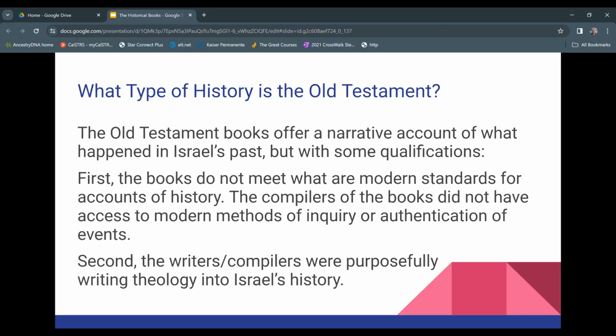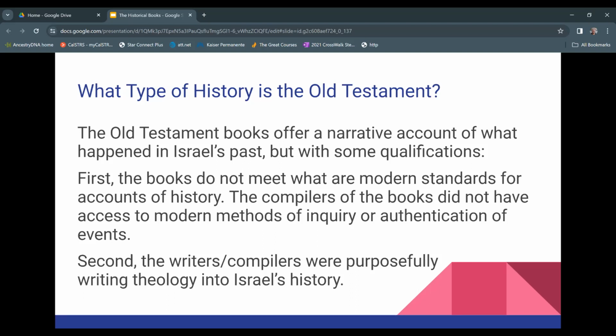So the books would not meet with modern standards for an account of history. The compilers of these books did not have access to the modern methods that we would have of inquiry or of authentication of events. Boy, that is a word.